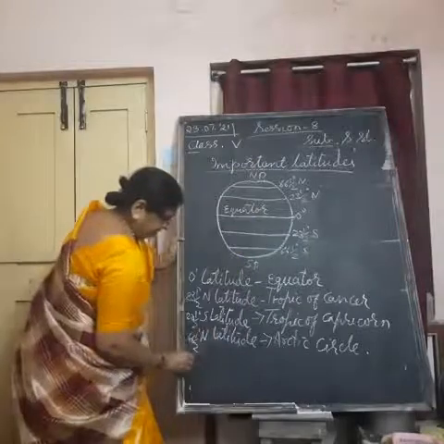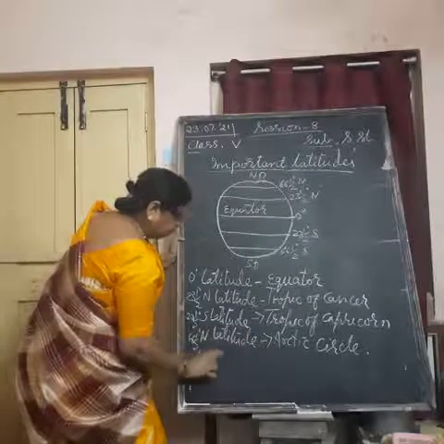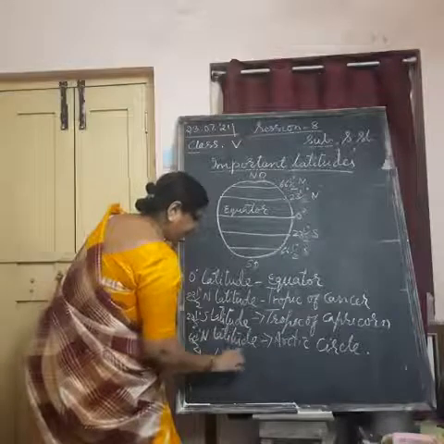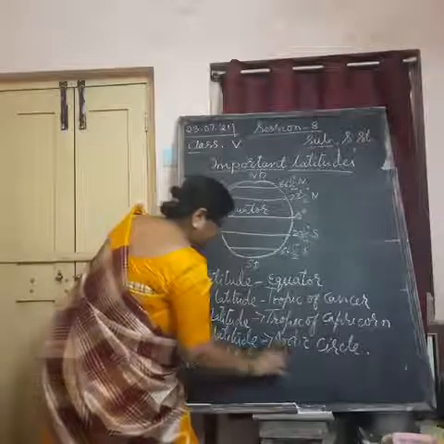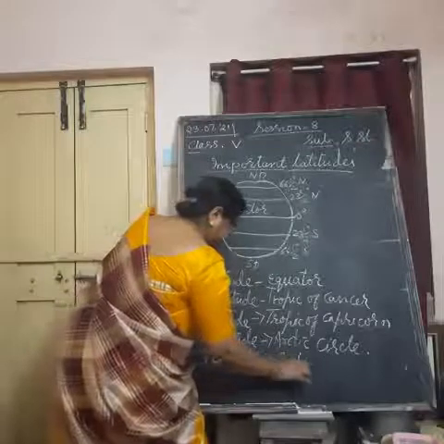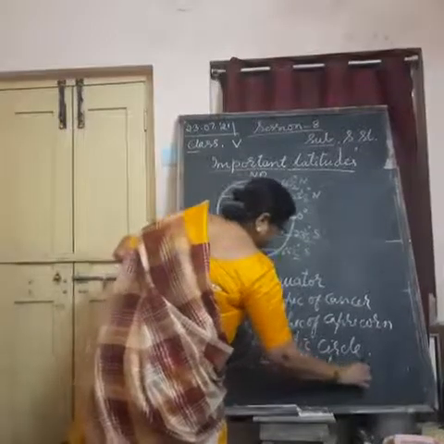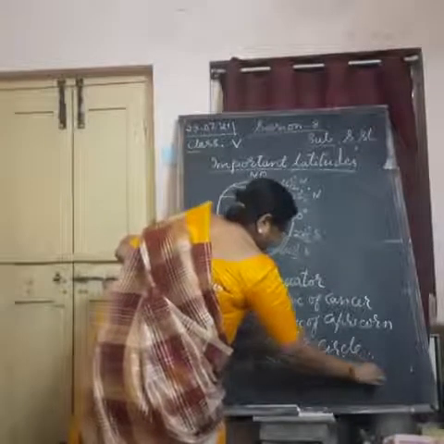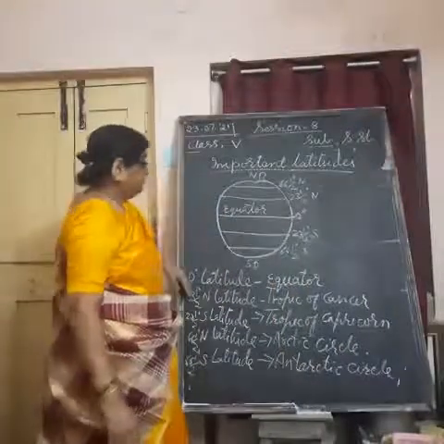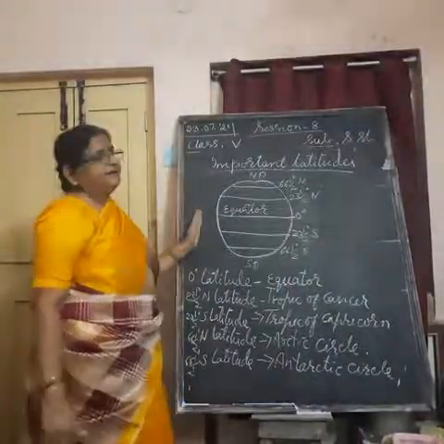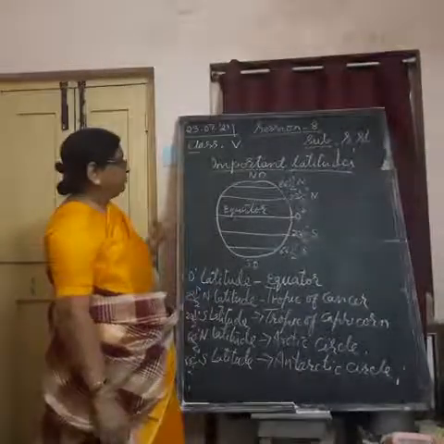And 66.5 degrees south latitude is called the Antarctic Circle. So these are the 5 main and important latitudes.